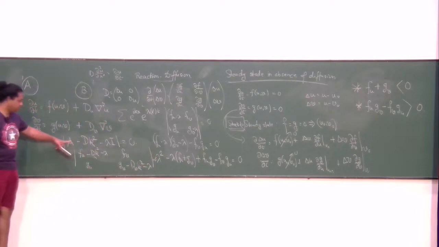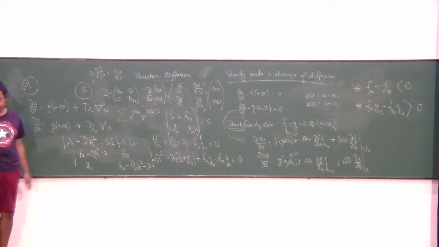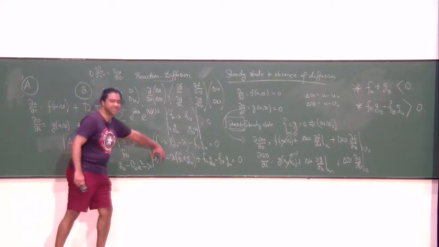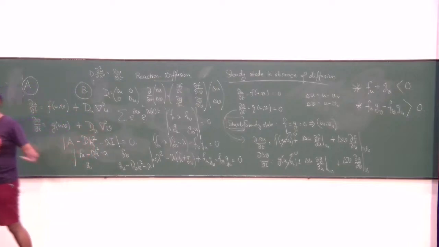This is the matrix equation that I need to solve. It's exactly the same, just that the coefficients get a little more messy, but it's exactly a quadratic equation again.